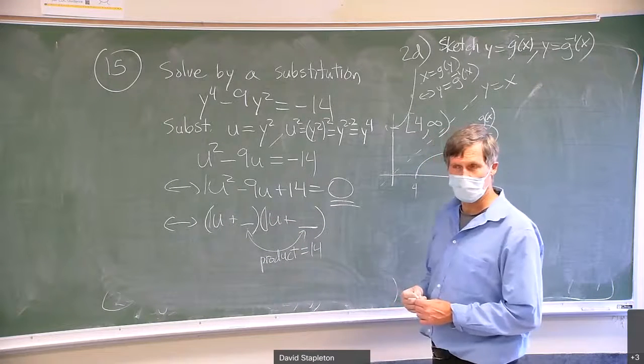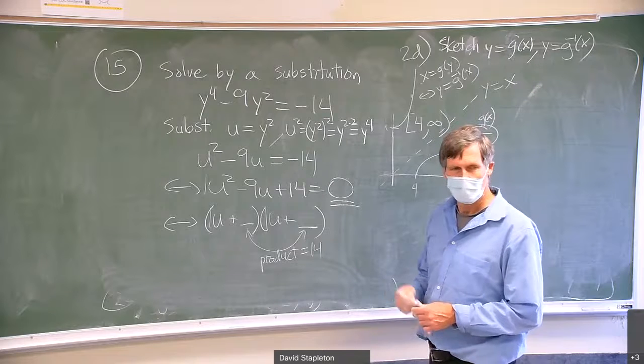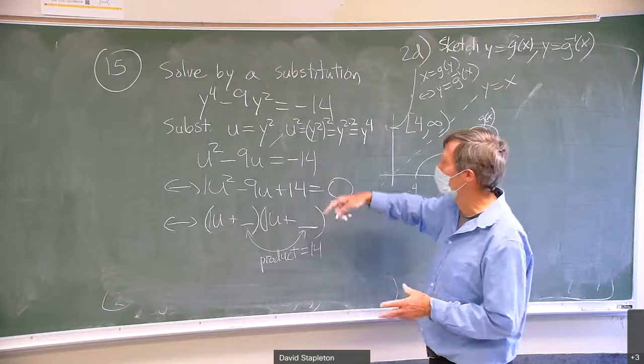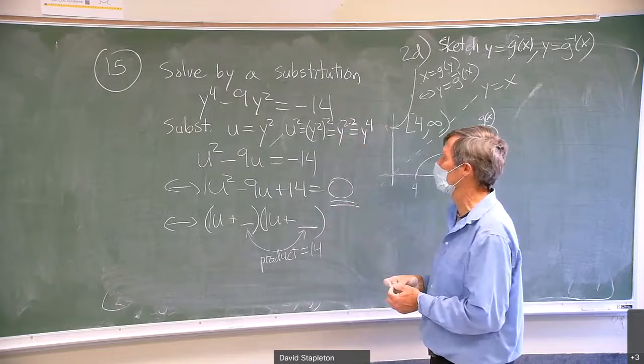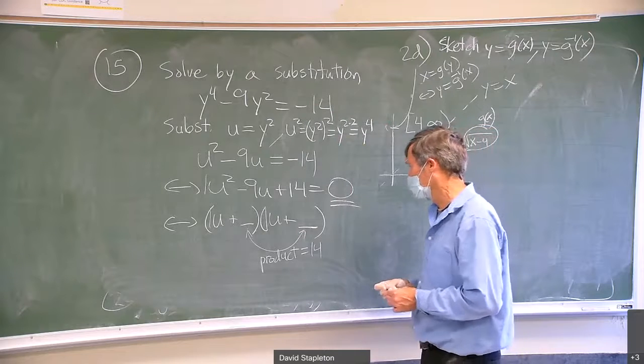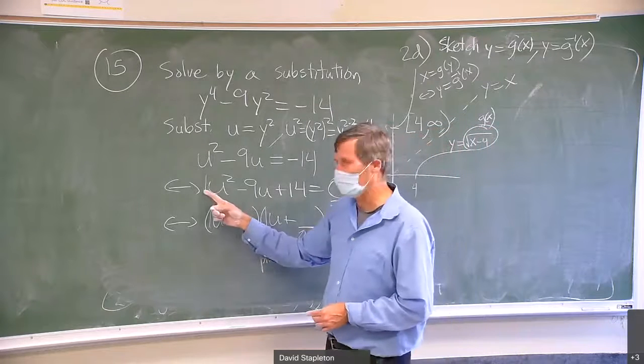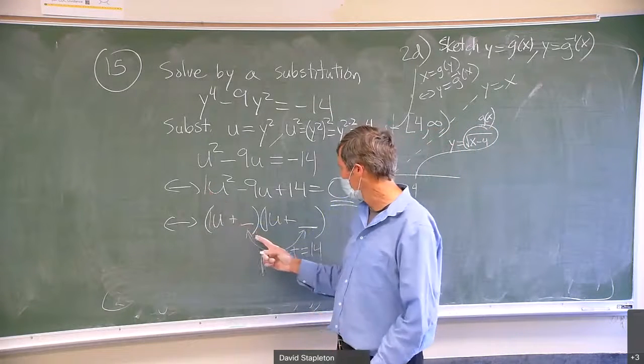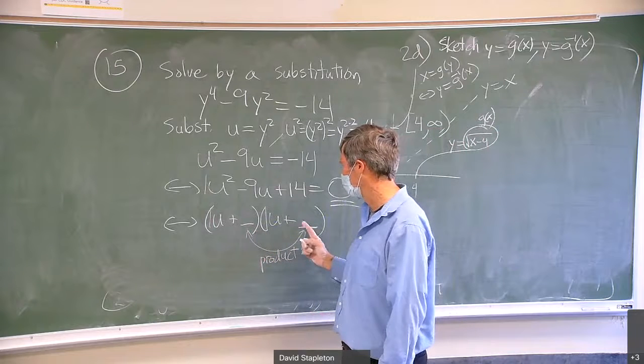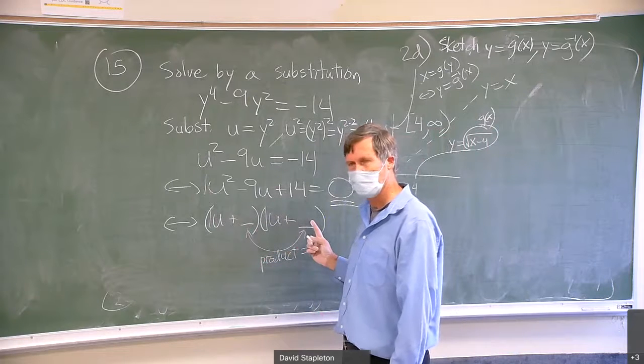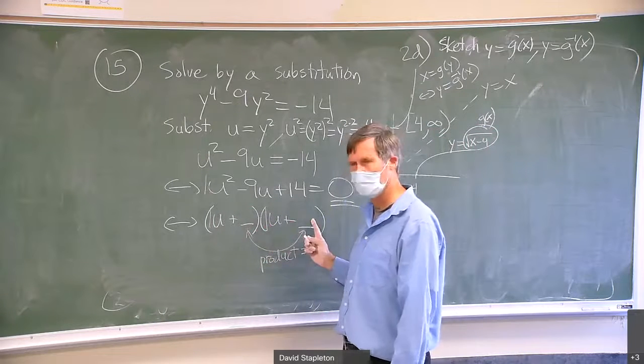I want to give you a hint now because, again, one of the big purposes of this is to do the advanced stuff now, make sure you understand the details. So watch this. In the special case that you have lead coefficient of 1, I know more than the fact that the product is 14. What else do I know about these two blanks? What's the sum of those numbers?